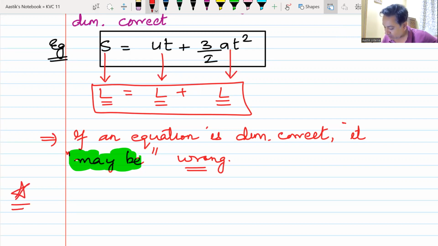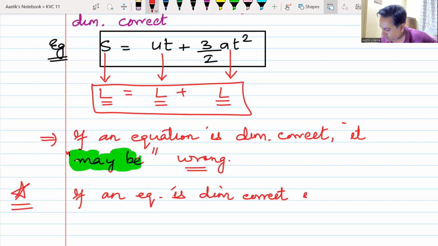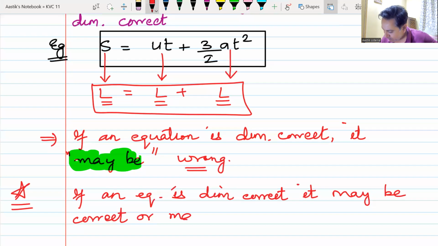If an equation is dimensionally correct, it may be correct or it may be wrong also.